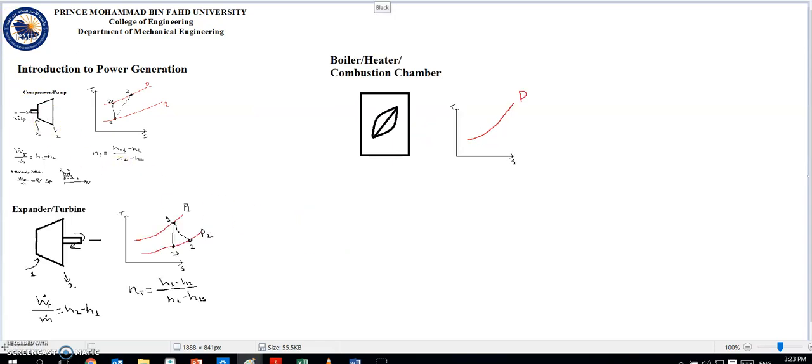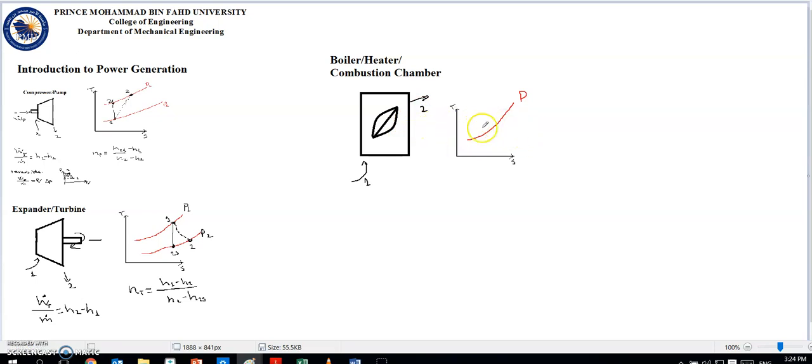The next important component is the boiler. You may hear it as a heater or a combustion chamber. What this does is it takes our fluid at location 1, and under constant pressure, this is a safe assumption to make that the pressure remains constant, we exit at position 2 at higher temperature and thus entropy.